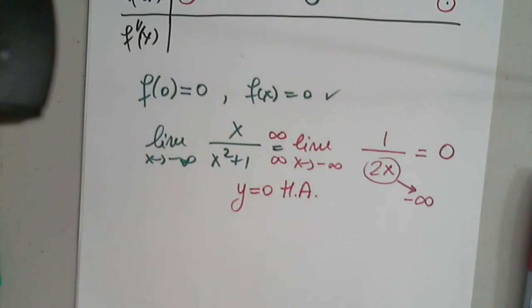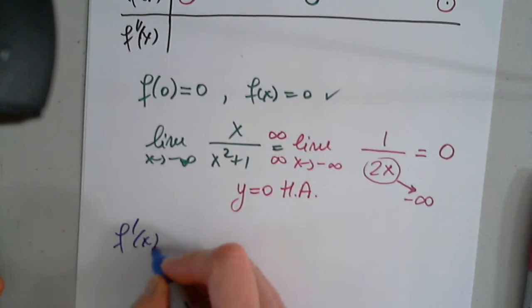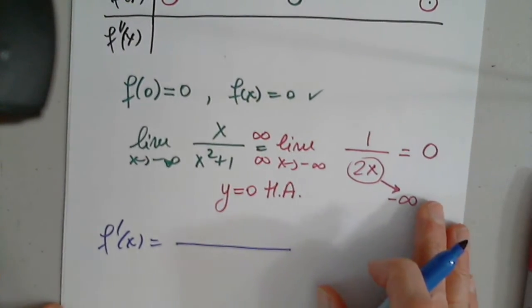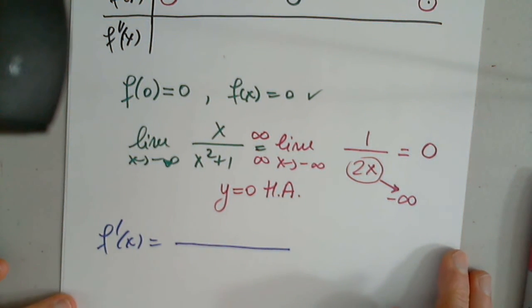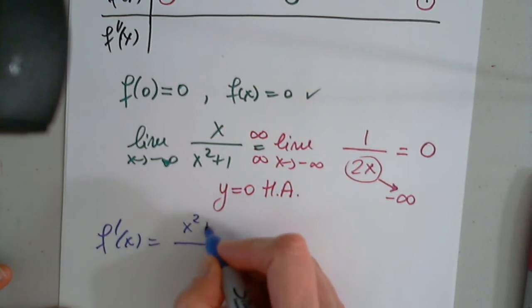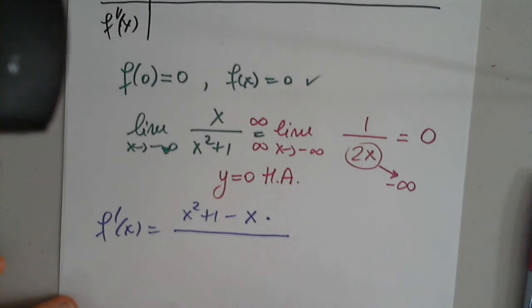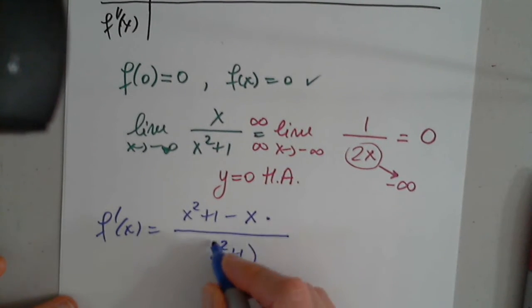So let's find the first derivative. Can anyone help with the first derivative? The top function prime is 1. Good. So then x squared plus 1 minus the top function times the denominator prime, which is 2x.